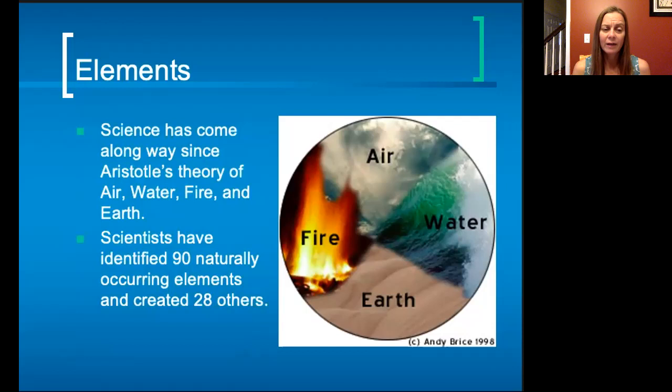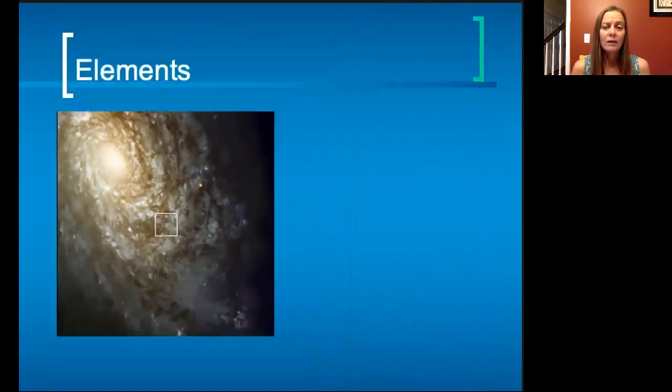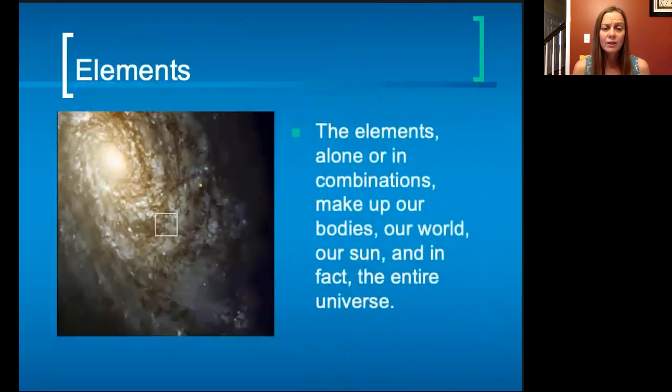And we have identified 90 naturally occurring elements and created 28 others. So our modern periodic table has 118 elements. Alone or in combination, these elements make up our bodies, our world, our sun, our entire universe. So we're going to explore these elements in depth.